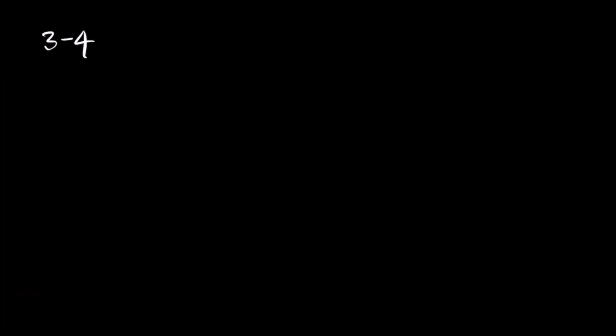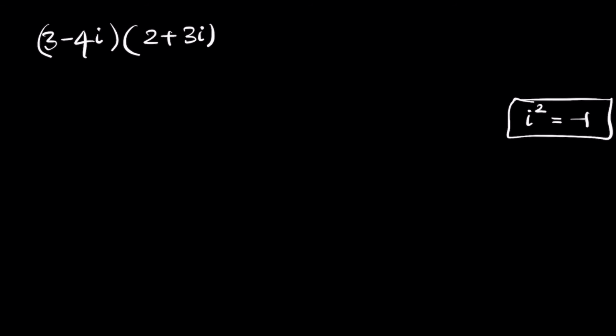You have 3 minus 4i times 2 plus 3i. Pause the video right here and try to solve this problem. Remember, the value of i squared is minus 1. So use this i squared value when you need it in the problem, and make sure all the signs are correct.